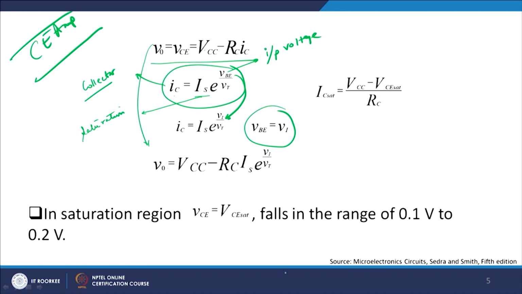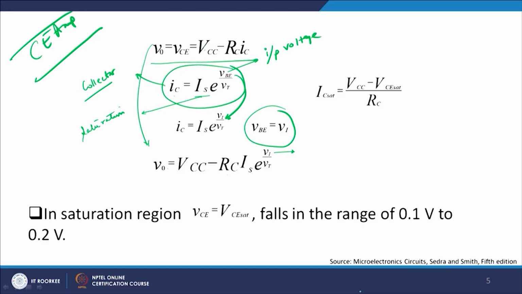Now you see, very interestingly, that the output voltage V0 has an exponential dependence on the input voltage Vi, which means that if Vi increases even by a small amount, I would expect to see a large drop in V0, because this is an exponential dependence.